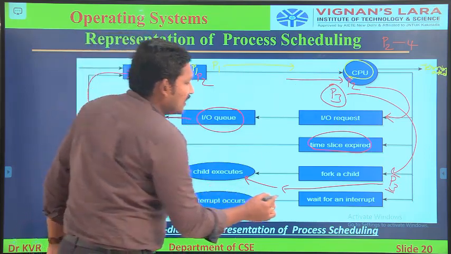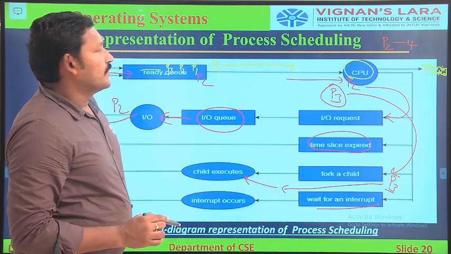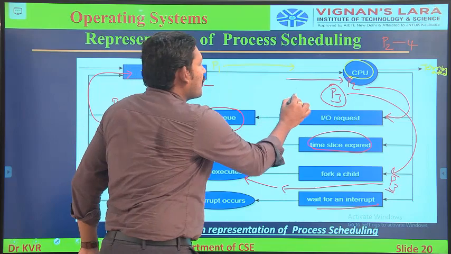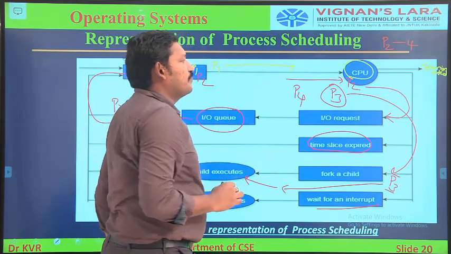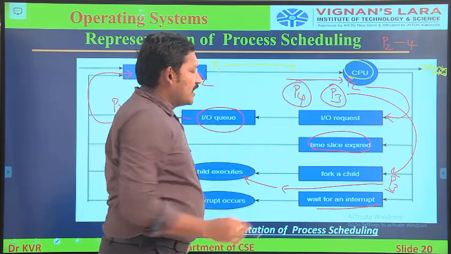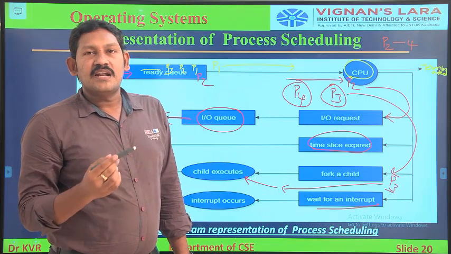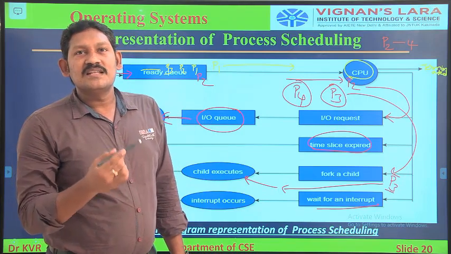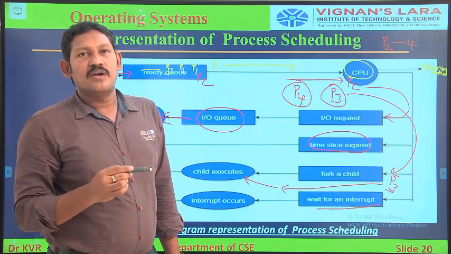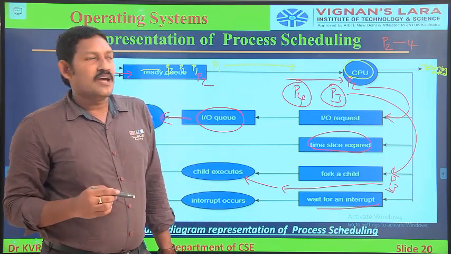And coming to the last one, interrupt. Let us suppose the CPU is executing a process P4. If an interrupt occurs, we have already discussed what an interrupt is. An interrupt is nothing but a signal sent by the IO devices.